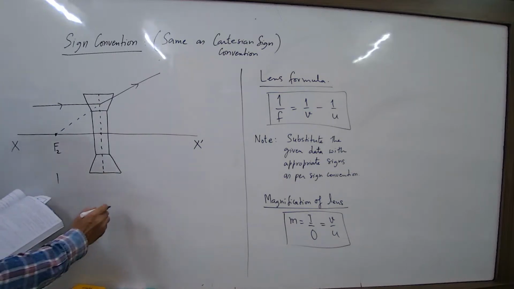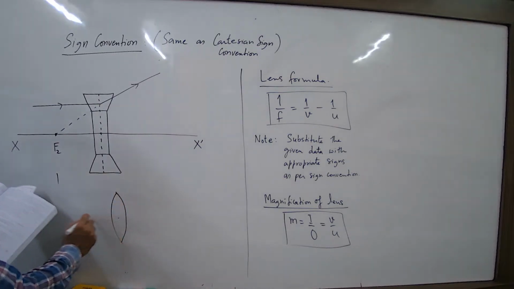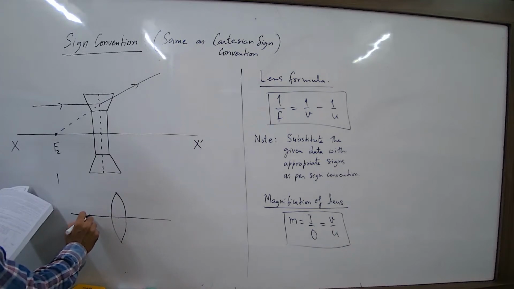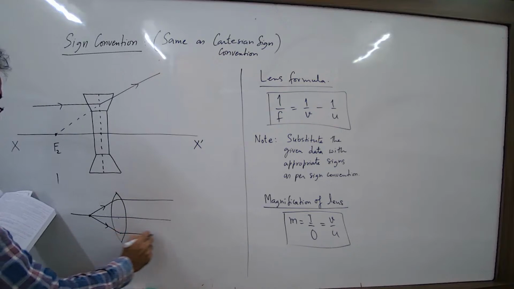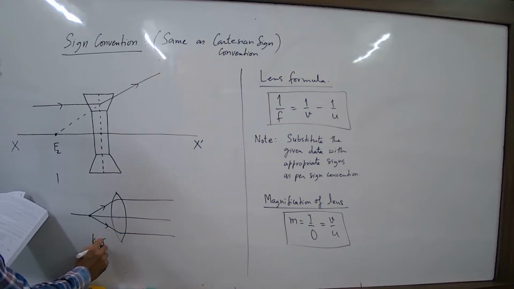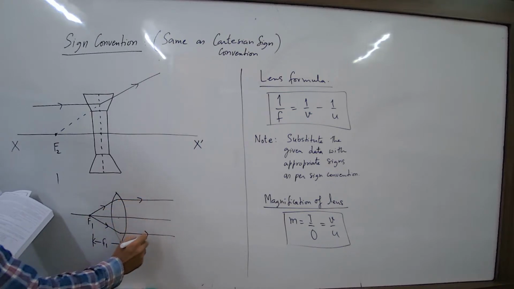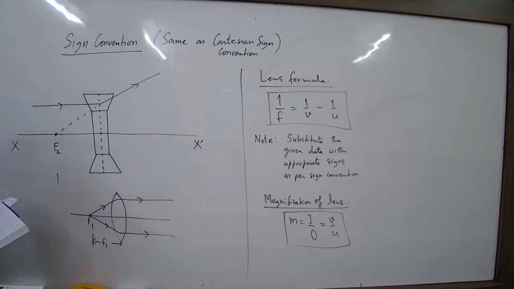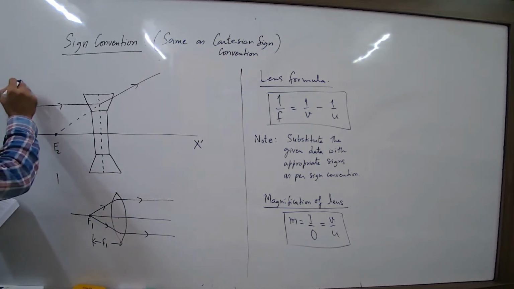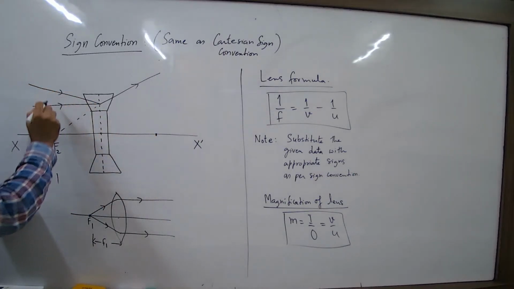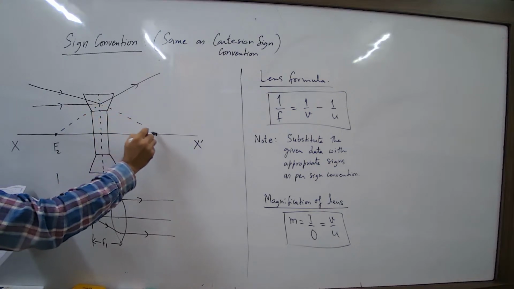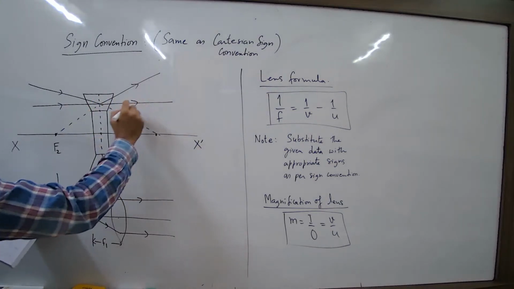Like in a convex lens, when the rays will be parallel, this is the first focus then. In the divergent case, when will it be parallel? When it is incident along the focus, like this.